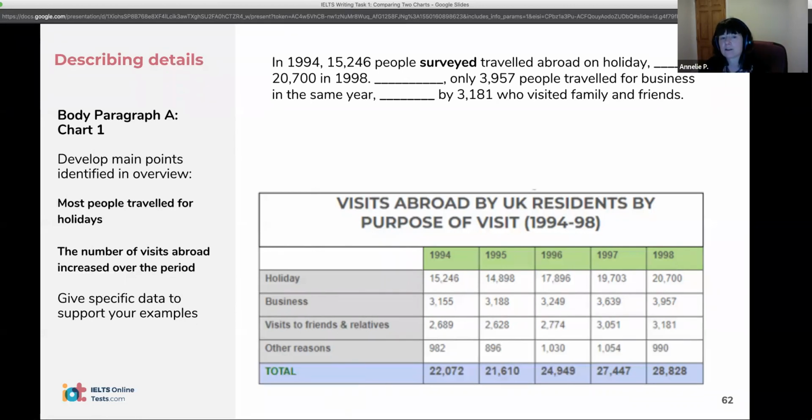So 15,246 people surveyed traveled abroad. Okay, you're turning it into an adjective, which shows a very nice use of the language. It shows that you can manipulate the form of the word. So again, it's what they're looking for, going to get you good marks in the grammar. Okay, so that's the number in 1994.